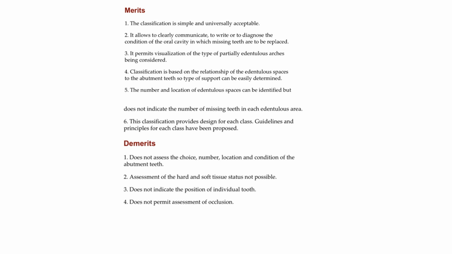The classification is based upon the edentulous spaces. The number and location of the edentulous spaces can be identified, but it does not indicate the number of missing teeth. Like you're not seeing how many teeth are missing over there, you're just seeing the edentulous areas. Then the classification provides a design for each class.